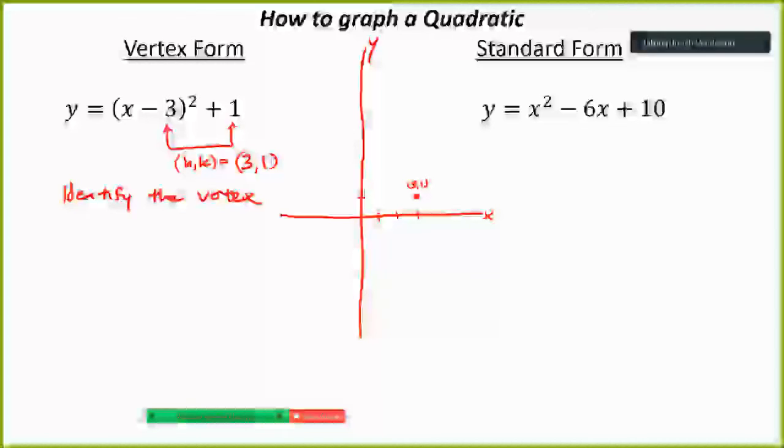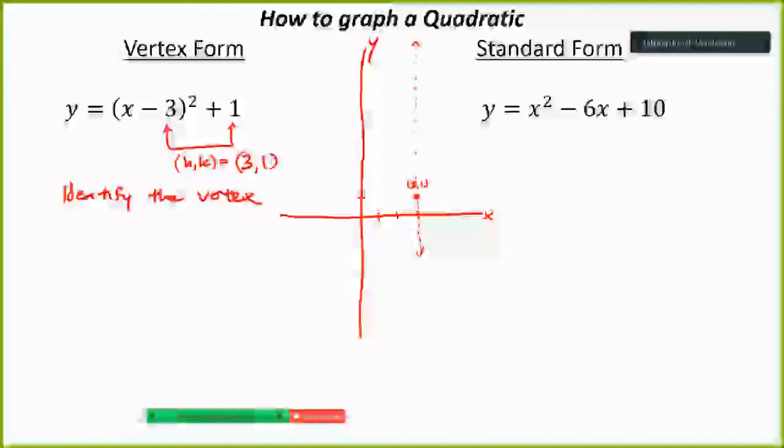Now, we just talked about axis of symmetry. Without knowing what the total parabola looks like, we do know where the vertex is, and we also know that right through this is our axis of symmetry, meaning this is where it's being cut in half and made into that mirror image.